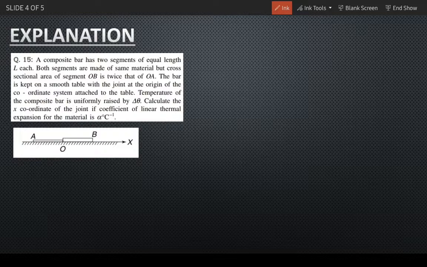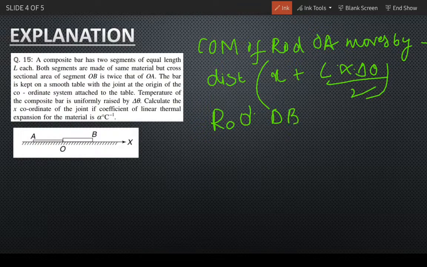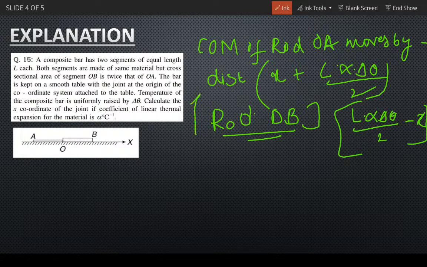Now finally we can say that center of mass of rod OA moves by distance x plus L alpha del theta by 2, and center of mass of rod OB moves by L alpha del theta by 2 minus x, from the same concept as we used in rod OA.